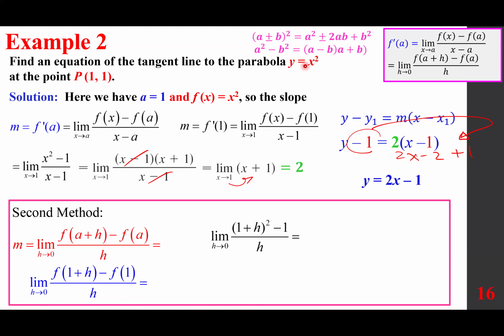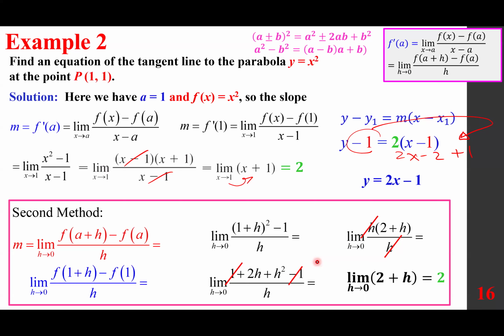And so using a plus b squared, which is a squared plus 2ab plus b squared, this becomes 1 plus 2h plus h squared. 1 and negative 1 cancel each other. We have a common factor of h in the numerator. We can drop the h. And now if you plug in, you get 2, and that's exactly what we got here. And of course, that was the purpose. This was basic math, elementary algebra, not a big deal.